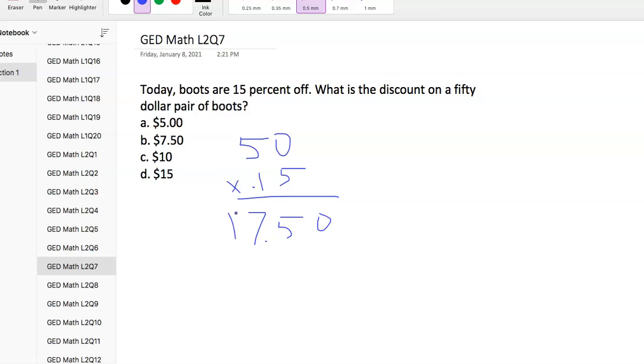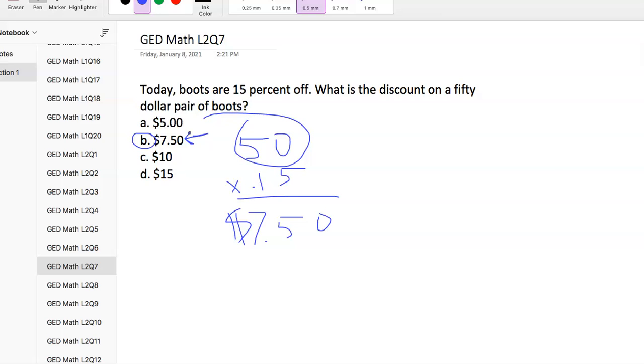In this case, they just asked what the discount was, so we're done. Now, if they asked us what the new total is, then we would take the original total, which was 50, and subtract 7.50 from it, so 50 minus 7.50 equals $42.50, and that's what the answer would be.